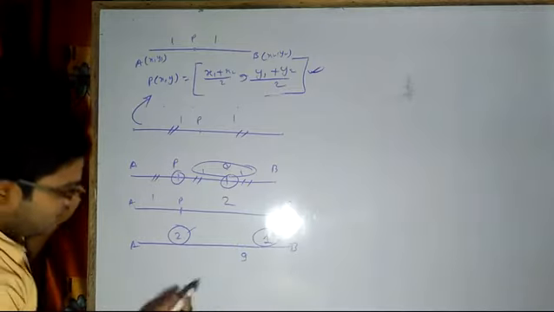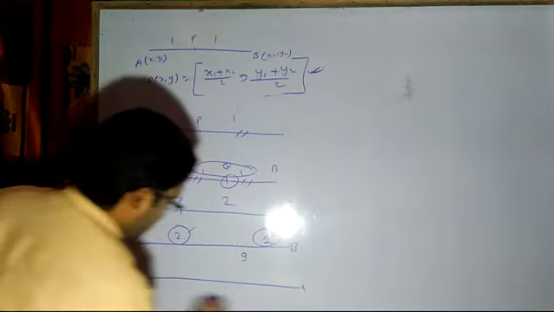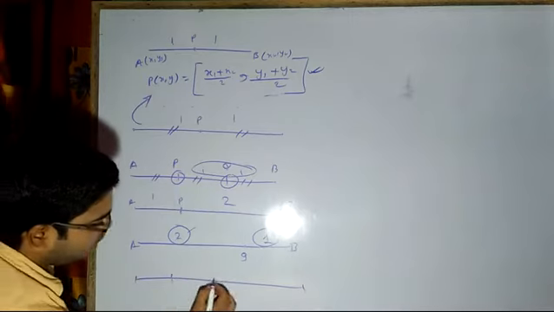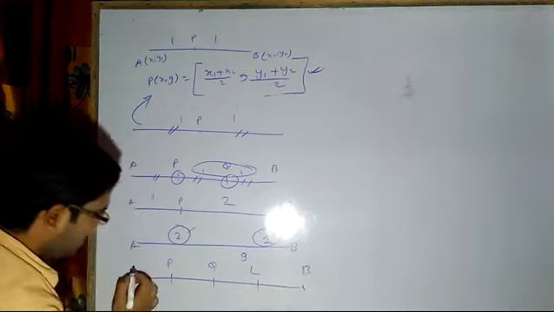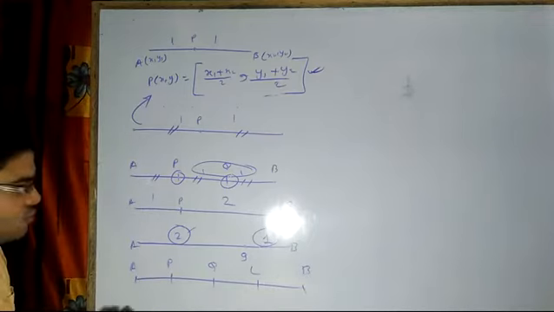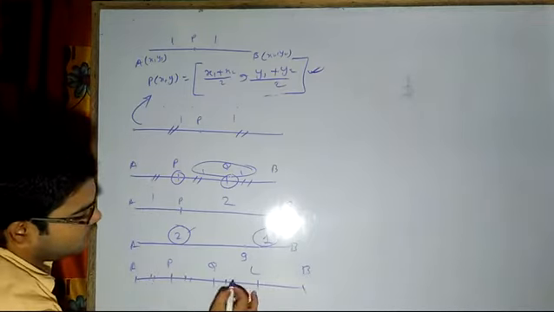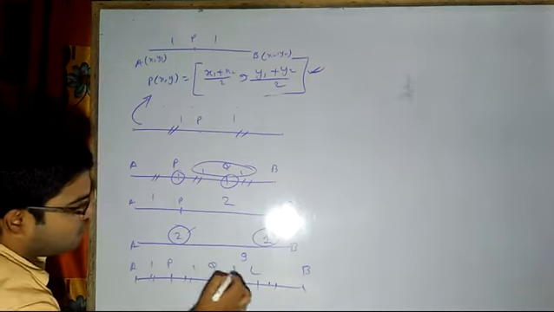In the same way, if the line is divided into four equal parts, P, Q, L, here B, here A, all are equal, that means 1, 1, 1, 1.